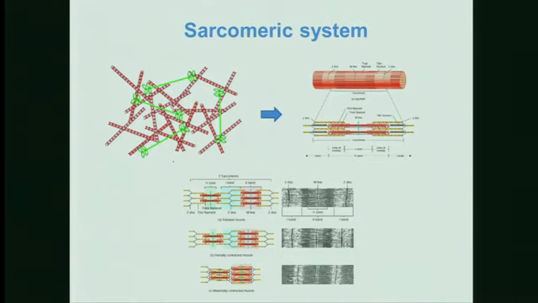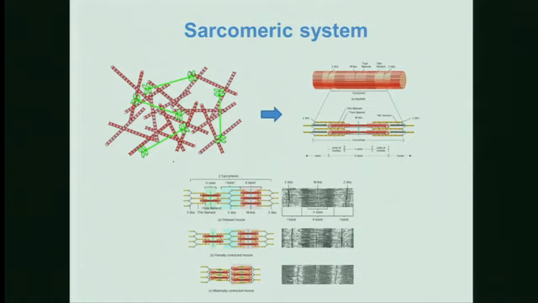On the side it looks like a hexagonal crystal, and it consists of fibers, but the fibers are highly organized. So here we see the actin fibers that are analogs of these pink ones, and then we see myosin fibers that have these appendages shown here in green, and that are actually the motors.